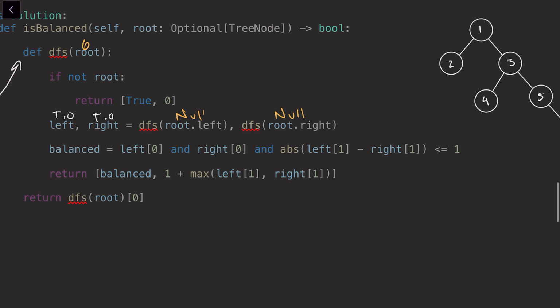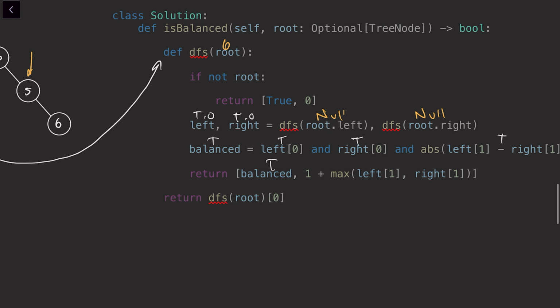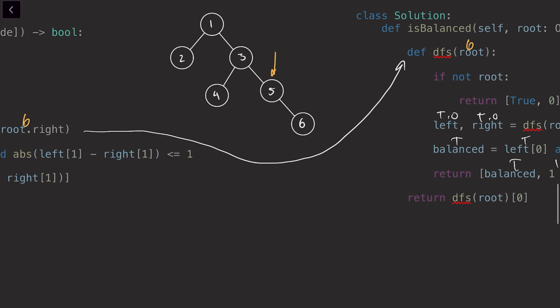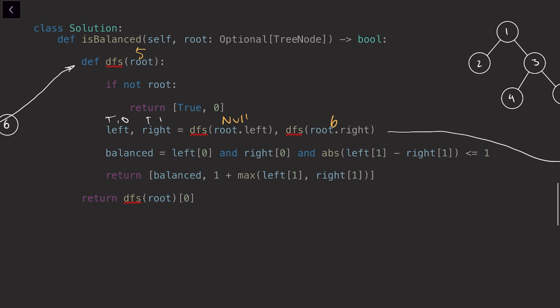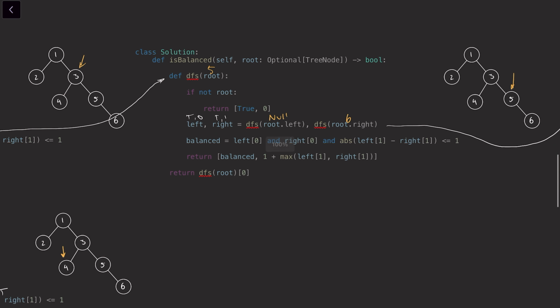And so let's continue on further. So this is true, and 0 minus 0, it will evaluate to true. So let's return that. So 0, 0, this will return t1 again. So now we know that this will be t1, so true and 1.